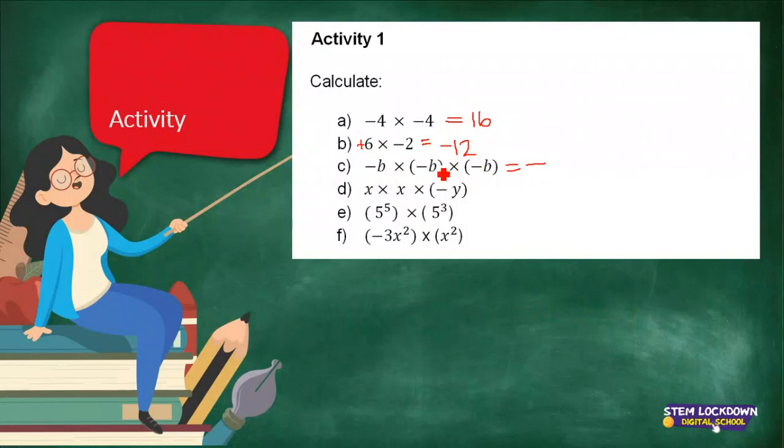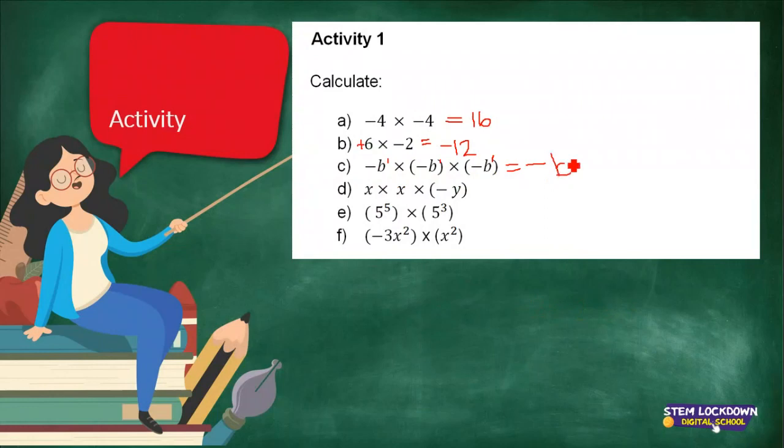Okay, so b times b times b. Remember the base is the same. Here we have the powers 1, 1, 1, even though they're not written, but they are there. So this is like saying b, remember the base is the same, so I can use the laws.